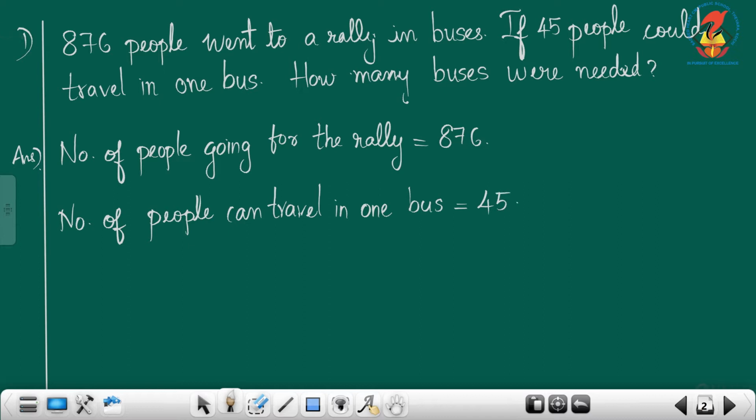Okay. How many buses were needed? So we can write it, number of buses needed. So 876 divided by 45. Okay, we can do the calculation on the working column.